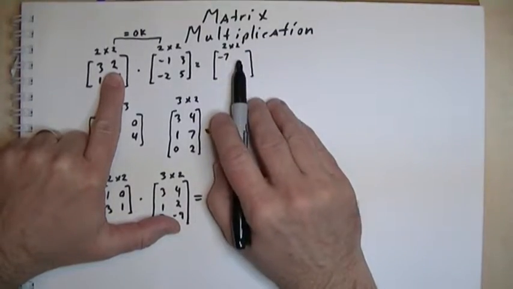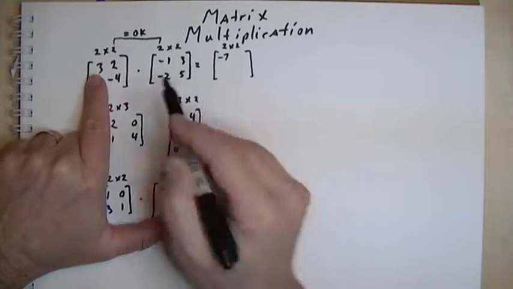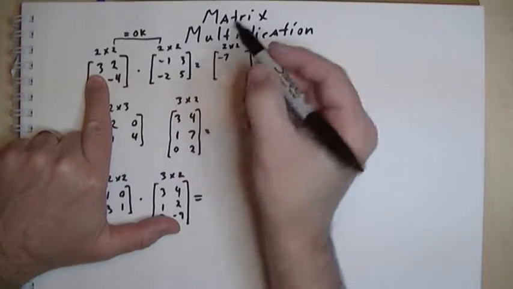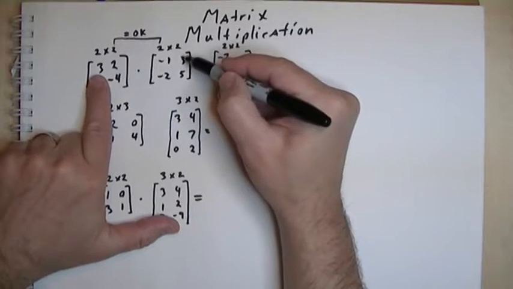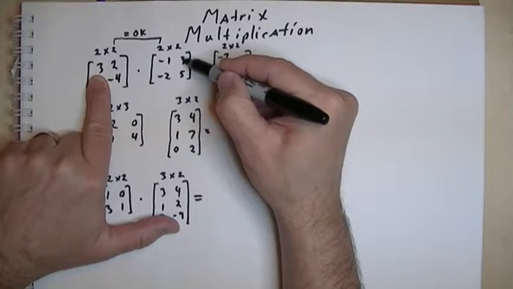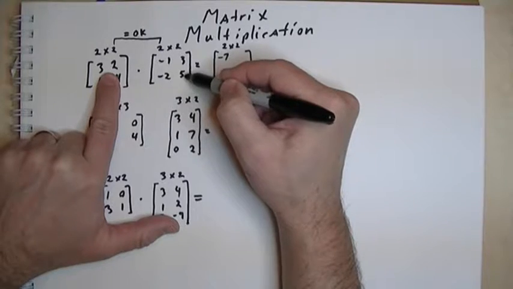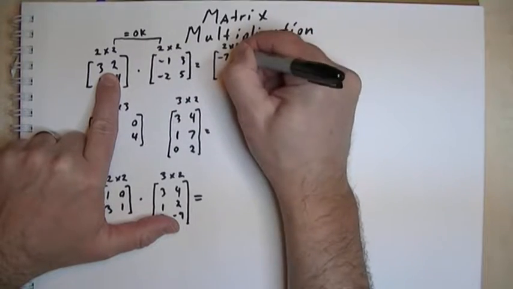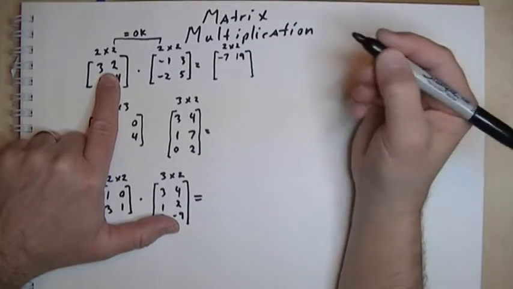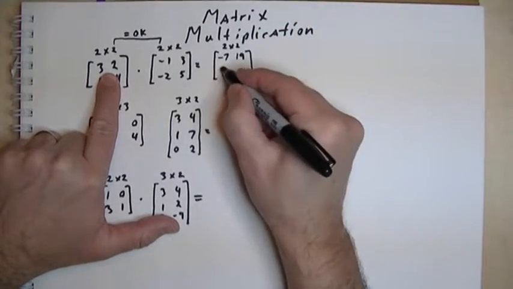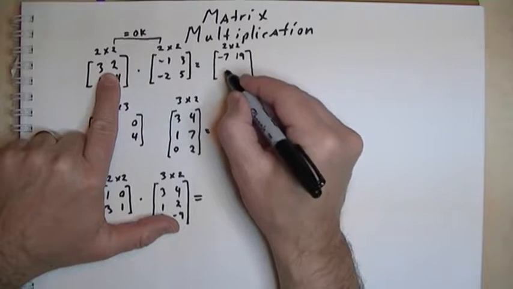Now I go to first row, second column. So that tells me to use the first row again, but this time with the second column. So this time I'll get 3 times 3 is 9, 2 times 5 is 10, 9 and 10 make 19. And so I've got the first row already done. Now I'm looking for the element in the second row, first column.